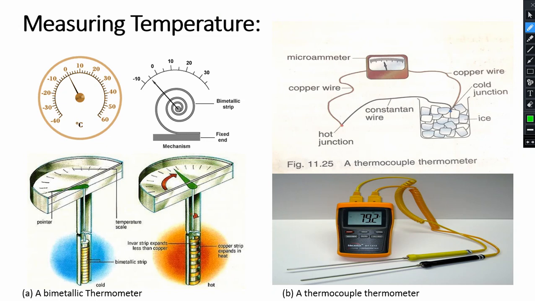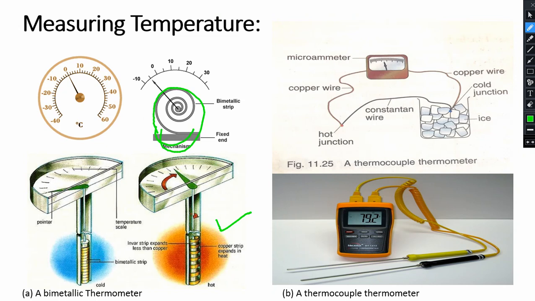When the temperature is high, the brass expands and the iron contracts. In reality, the strips are placed in the thermometer like this, in this narrow tube.